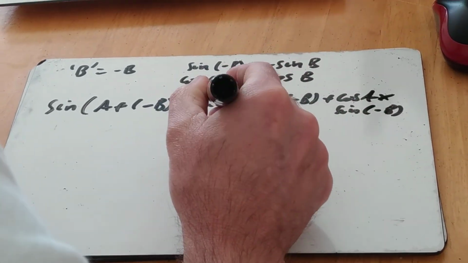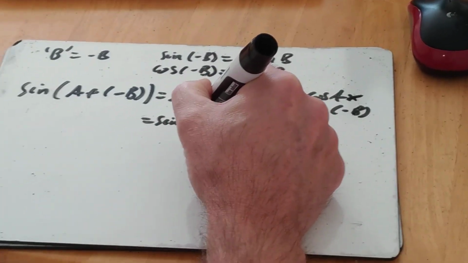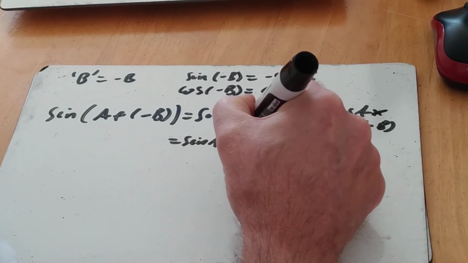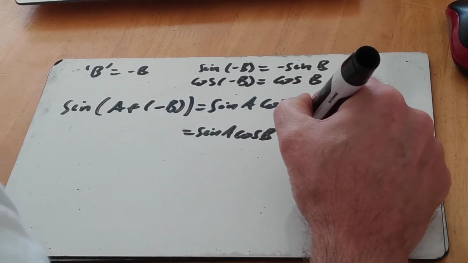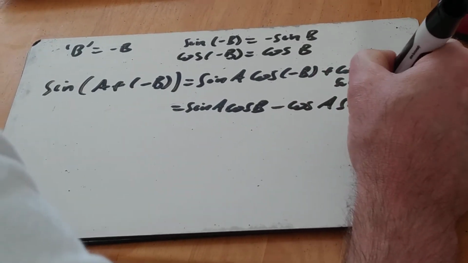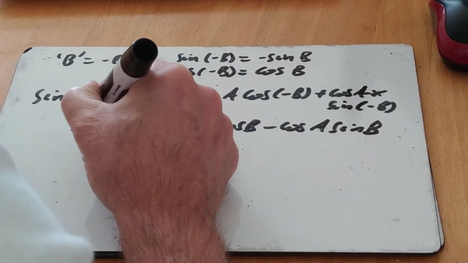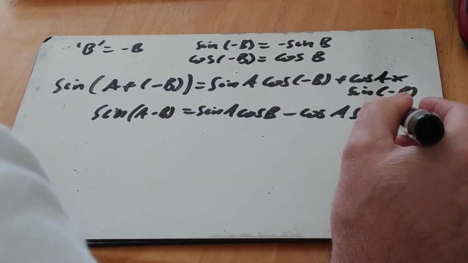And what happens is cos of minus b is no different, so we get sine A cos b. And then, because sine of minus b is the negative of what it was before, that plus becomes a minus cos A sine b. And so sine of A minus b is sine cos minus cos sine.